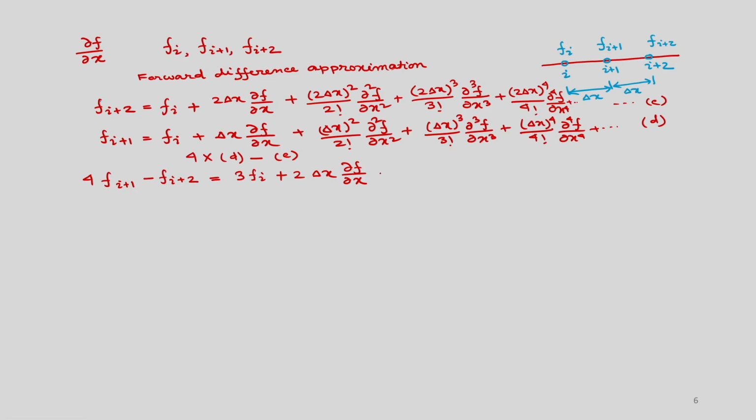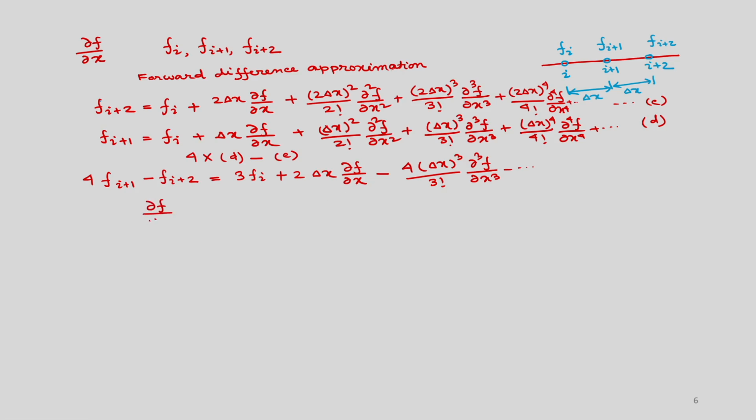So, it will be plus 0. Next term, it will be multiplied by 4, so it will be 4 and this is 8, so you will get minus 4 delta x cube by factorial 3 del cube f by del x cube and so on. So, now you represent del f by del x.